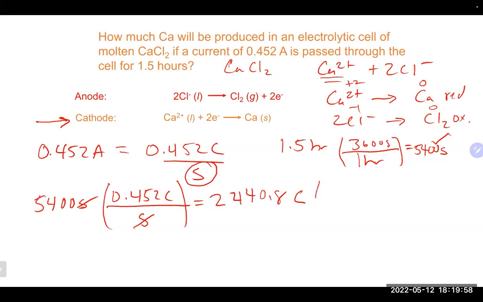This is a pretty standard first step on these types of problems, these few steps right here. We use 96,500 coulombs per 1 mole of electrons, so we divide by 96,500, which gives us about 0.025 moles of electrons. Any questions so far?